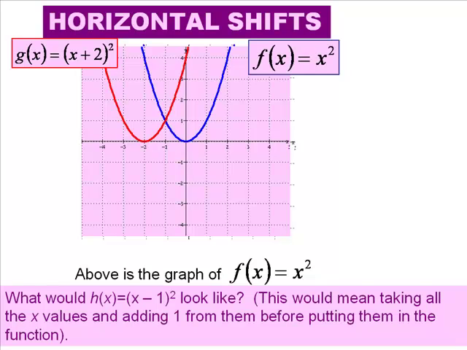Now, let's suppose we had h of x is equal to the quantity x minus 1 squared. This would mean taking all the x values and adding 1 to them before putting them in the function.